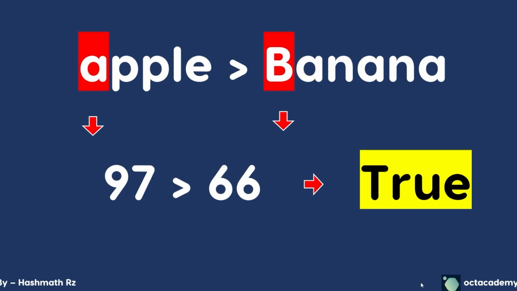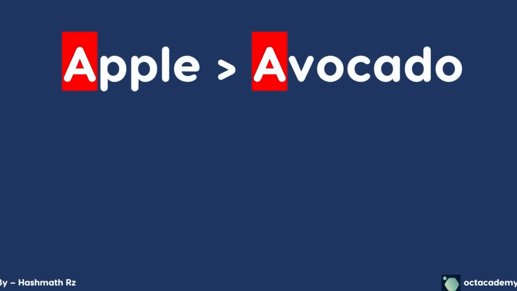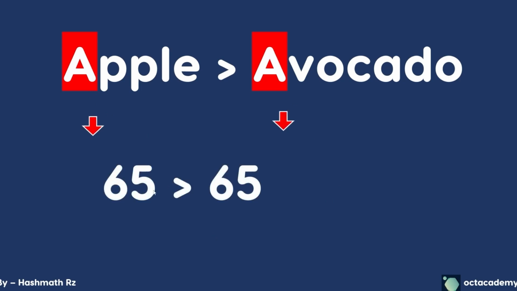Guys, this is not over yet. We have another scenario here. Think if we have two strings, Apple and Avocado, as our comparison values. In this case, JavaScript will again convert the first letter of each word to its Unicode value and perform the comparison. The Unicode value of uppercase A from the first value Apple is 65 and the Unicode value of capital A from the second value Avocado is also 65.